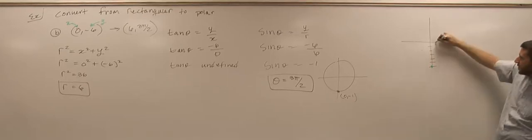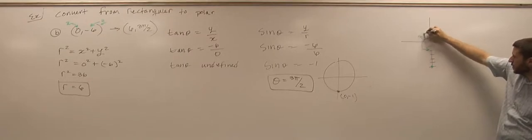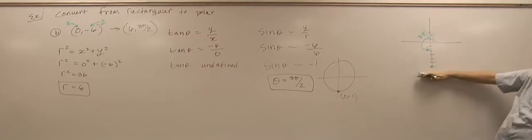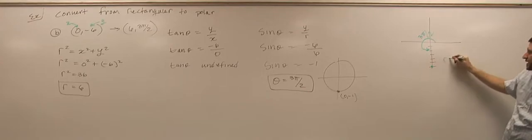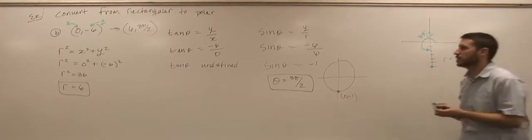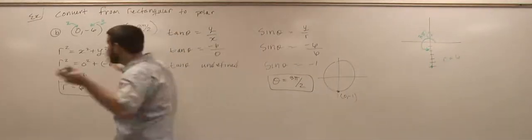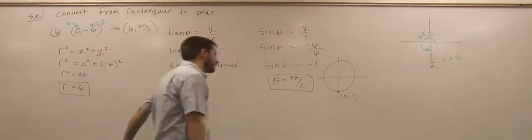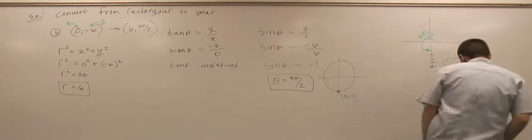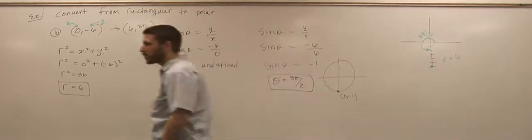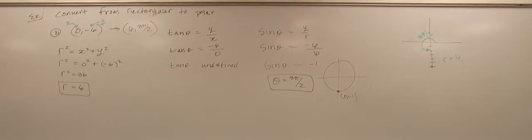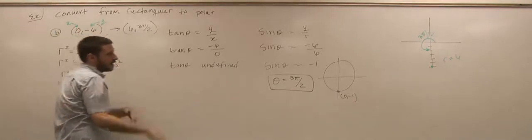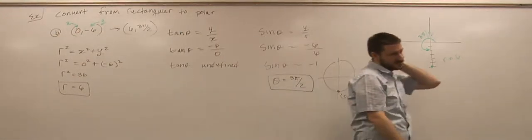It's got to be an angle of 3 pi over 2, and since you went 6 units down, your radius has to equal 6. Done. But if you don't like to draw pictures and think, you have formulas. Whenever I have a nice number like 0 or 1, when it lands on an axis, if it's a 0 here or a 0 here, you can just draw it and find it pretty easily.